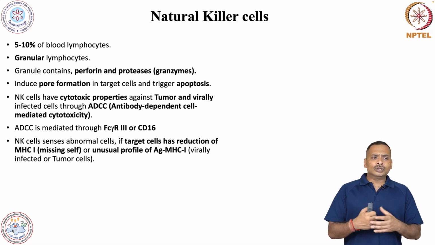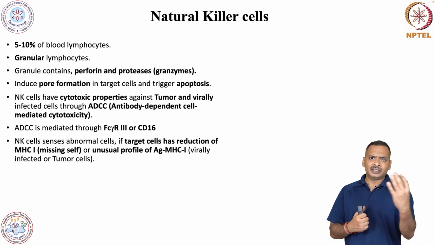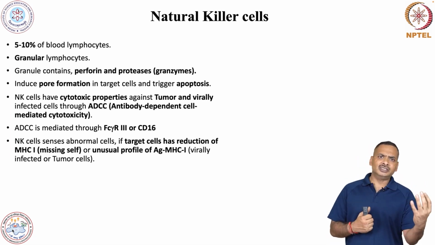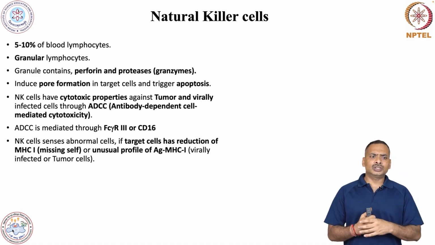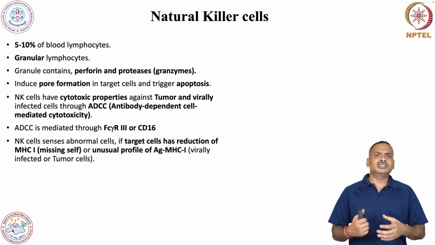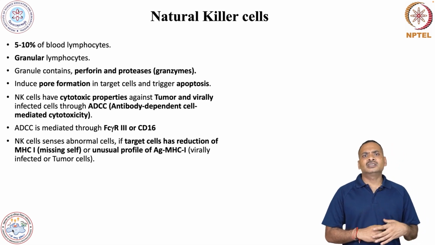Okay, so these are the features which the NK cell senses or screens, and if it finds that there is a reduction in MHC molecule or an unusual profile of antigen and MHC class 1 molecule, then it will get activated and kill the target cells.